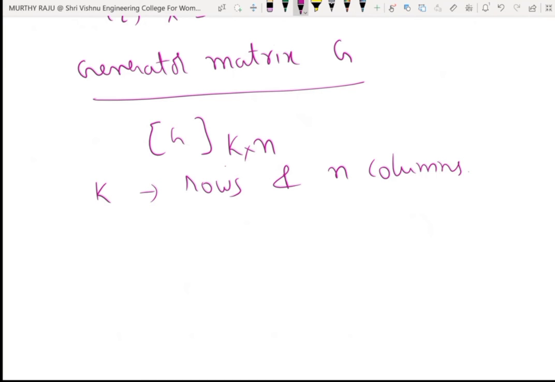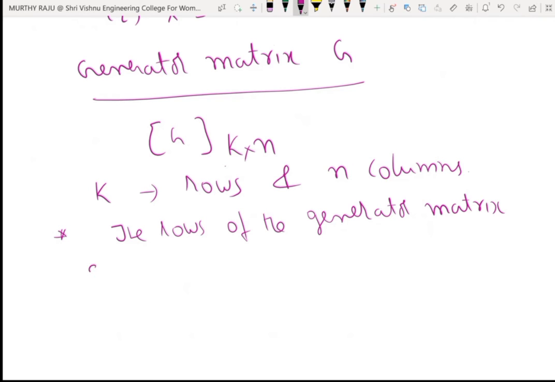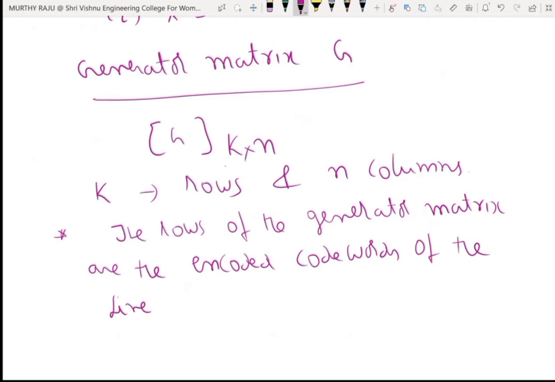Very important point: the rows of the generator matrix are the encoded code words of the linear block codes.